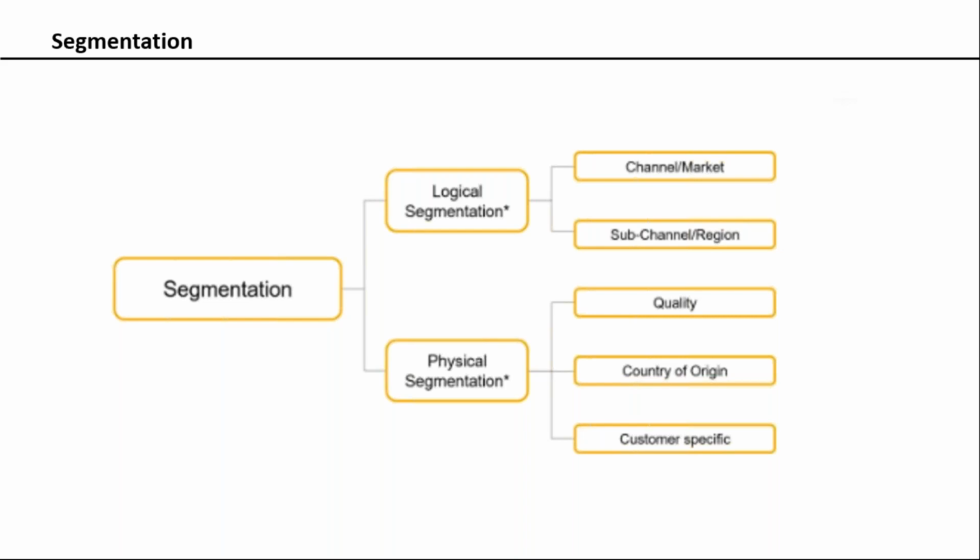In traditional ATP, it is more difficult to check ATP based on shelf life. If someone wants to do that, it is a complete custom enhancement. But in the case of segmentation, we can accomplish that with standard functionality.